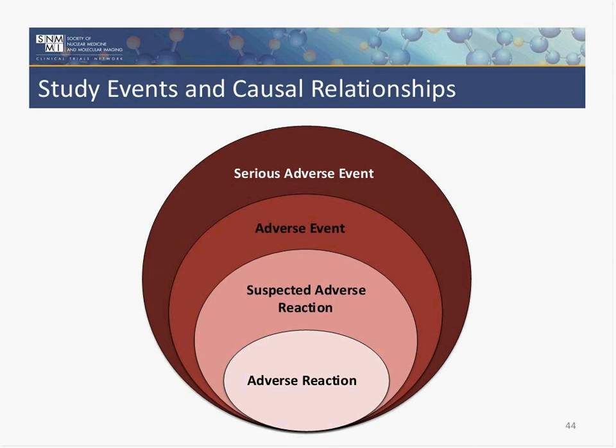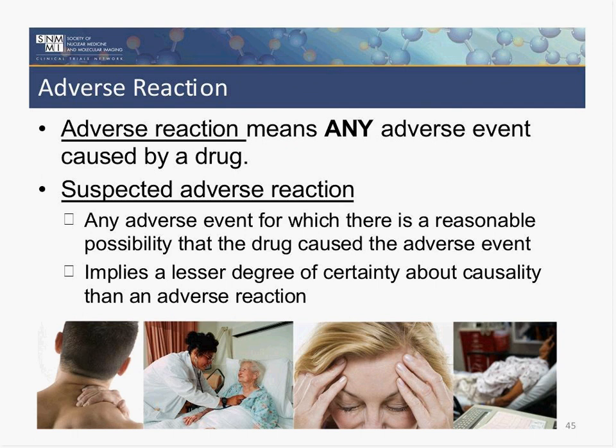The concept of adverse reaction and adverse event warrants some discussion as well. An adverse reaction means any adverse event caused by a drug. Suspected adverse reaction is any adverse event for which there is a reasonable possibility that the drug that you're studying caused it, and implies a lesser degree of certainty about causality than an adverse reaction.